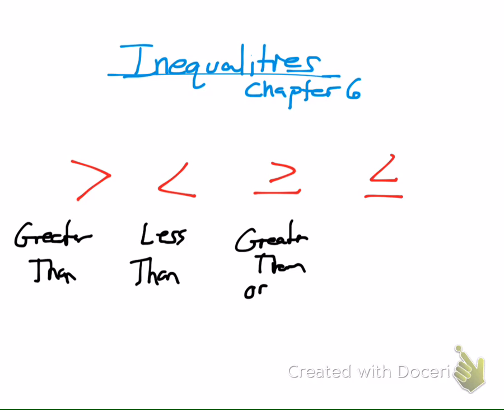So that one's less than or equal to. Okay. So we're going to be using these today and talking about how we use these in some math problems. Now, there's a bunch of different ways that people remember these. Some people forget. It's a good idea to just have it memorized, but just about inequalities today.